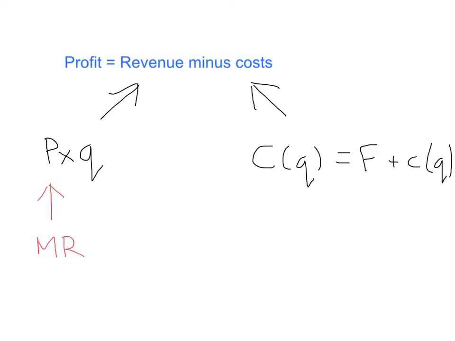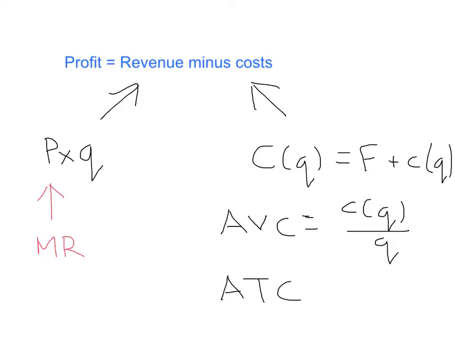But we're also going to have average cost, and notice that we're going to have two average costs here. I'm going to call it average variable cost. An average variable cost is simply our variable cost, little c of Q, divided by Q. And we're going to have average total costs.